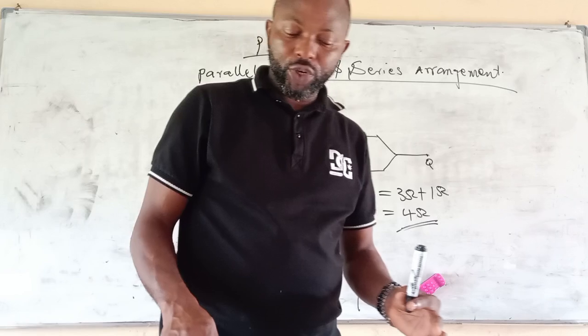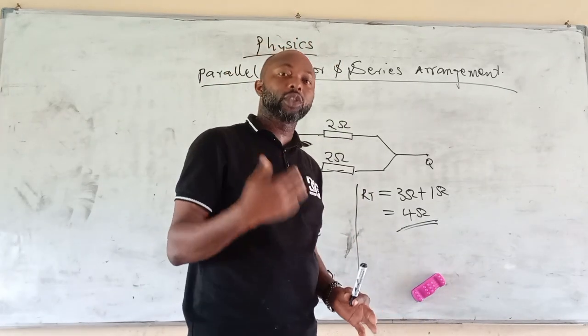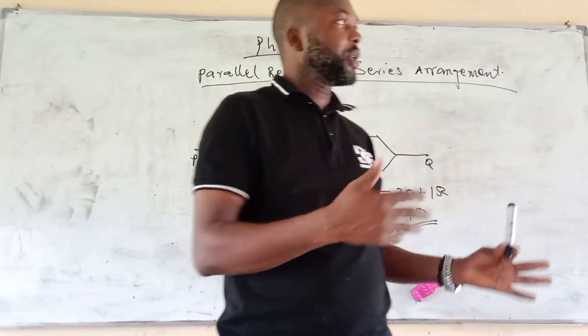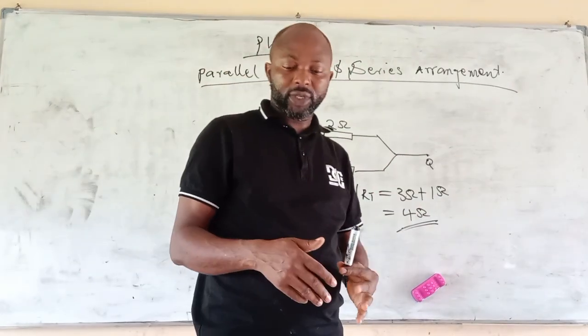We're going to take another question. We're going to solve a couple of questions so that we can see how to go about it when it comes to resistors in parallel and series.